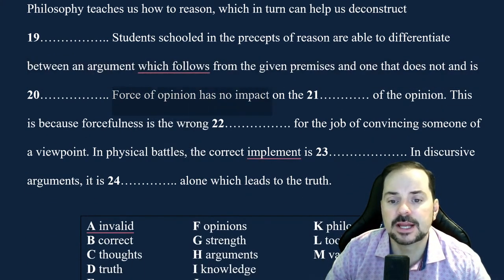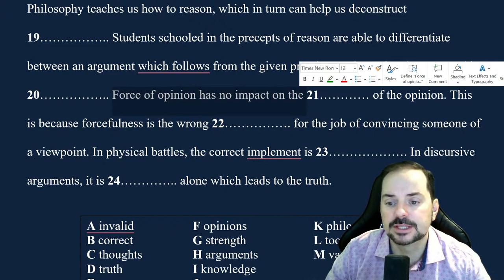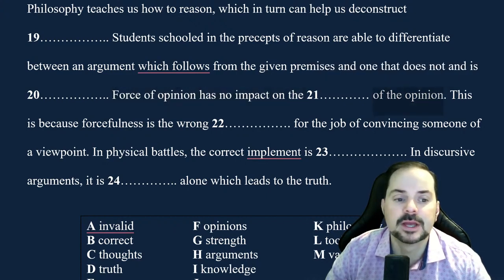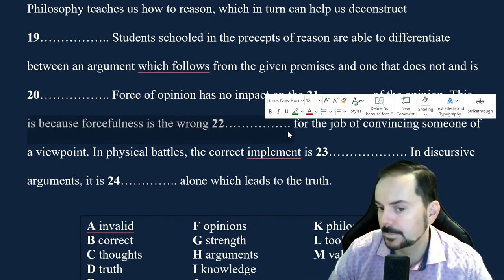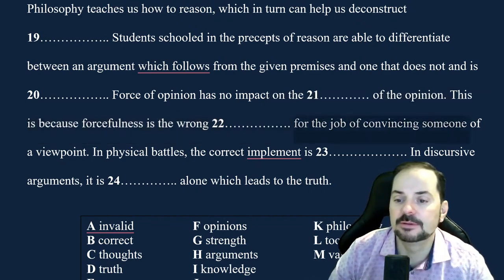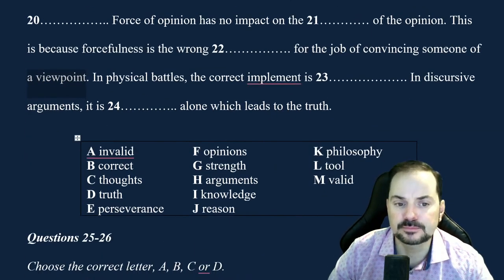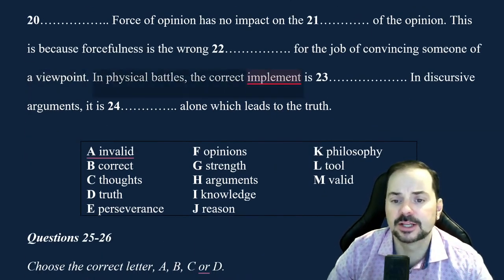Force of opinion has no impact on the something of the opinion. This is because forcefulness is the wrong something for the job of convincing someone of a viewpoint. In physical battles, the correct implement is something. In discursive arguments, it is something alone which leads to the truth.